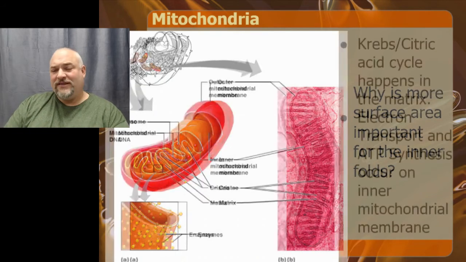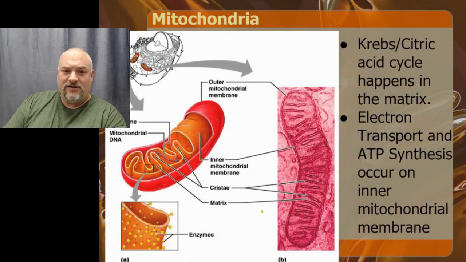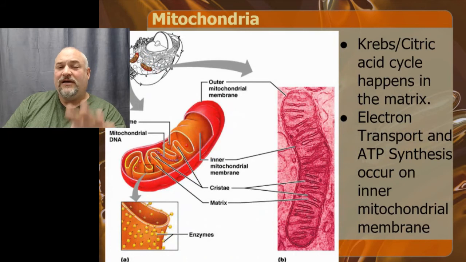Okay, so a little bit about where different parts of aerobic cellular respiration happen within the mitochondria. I'm just going to introduce it here. Like I said before, we are going to get more in depth into what these different things are in a different unit. But since we are talking about the mitochondria's structures and their functions now, we do need to introduce what those functions are.